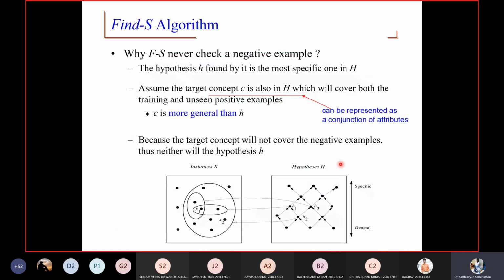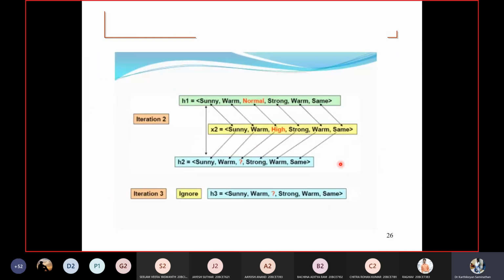So what I am doing, I am comparing the second value: sunny is equal to sunny or not. Yes, if the answer is the same, then you just skip it. You need not replace or change the hypothesis. So my iteration 2 hypothesis is the same, sunny. Warm is equal to warm. Yes, the attributes are same, then you do nothing.